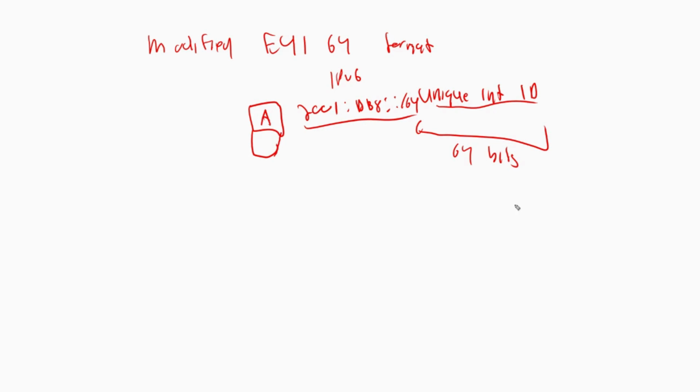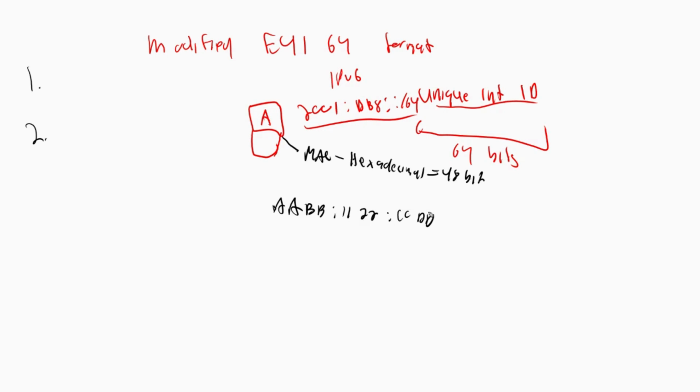So how does it do this? Well, the EUI-64 format has two parts to it. The first part is you're going to take the MAC address of your interface, which is also hexadecimal, and it's 48 bits. So let's say host A has this MAC address, AABB:1122:CCDD.